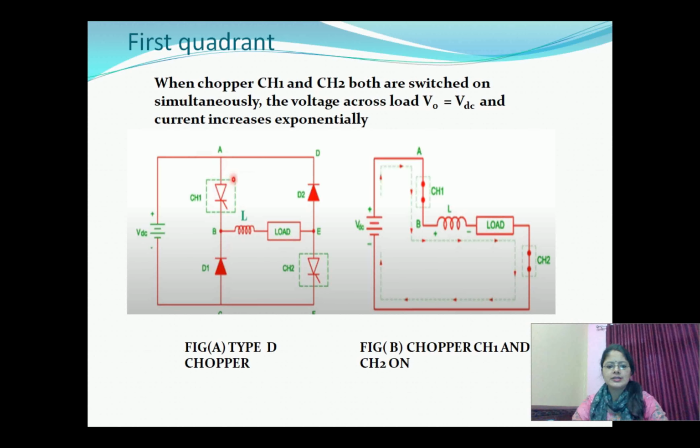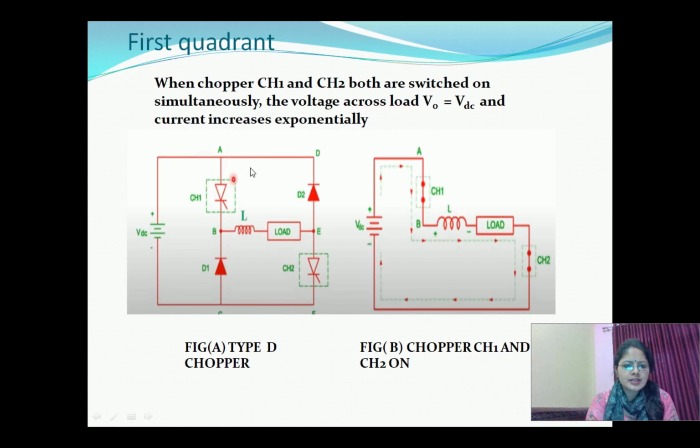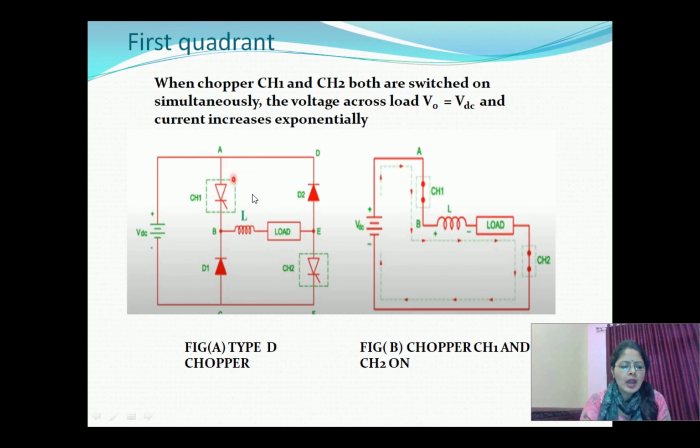Here we see the chopper 1, the chopper 2, diode D1 and diode D2. When CH1 and CH2 are both turned on, the device works in the first quadrant, and it looks like this figure.